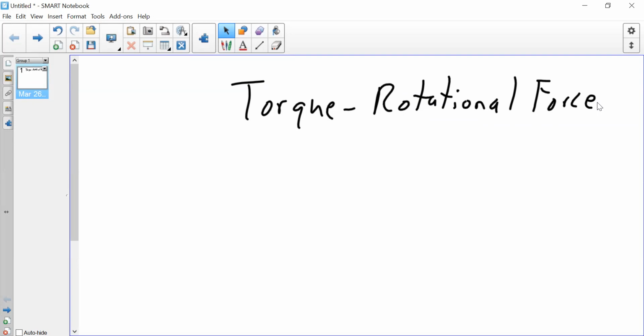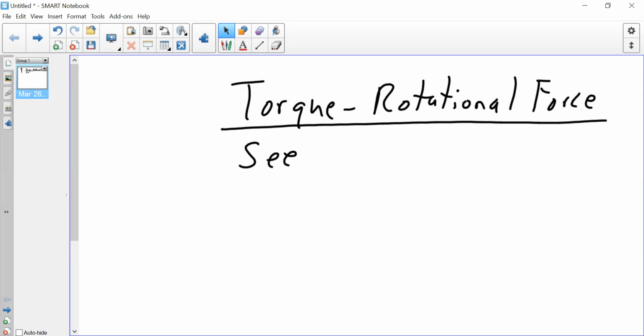We're going to have a seesaw pivot in the middle, and if it stays put, if it's balanced, that means the torques are equal. We're going to be playing this seesaw game today.